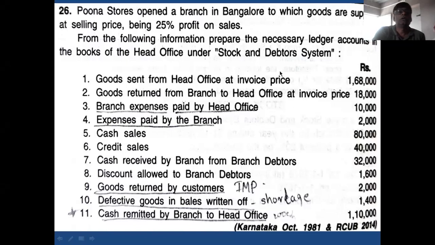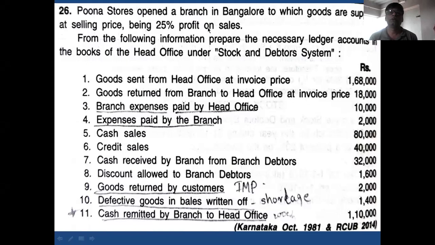Okay, now you see the second example based on stock and debtors system. Pune Stores opened a branch in Bangalore, to which goods are supplied at selling price, being 25% profit on sales.